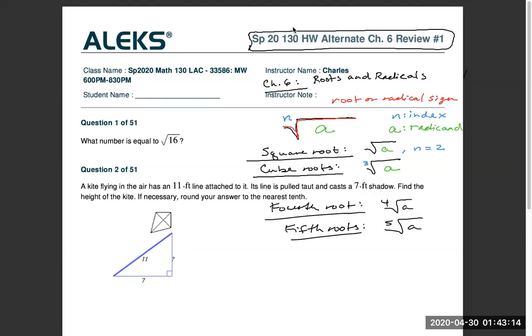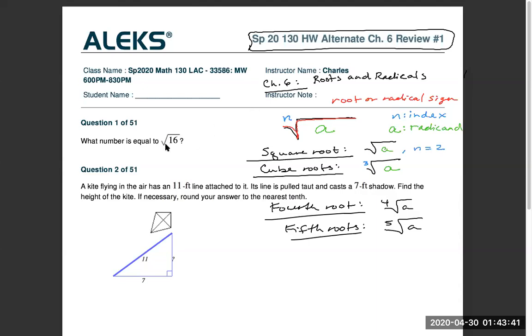So now essentially what this index does, it tells us how many of the same factor we have to have underneath the radical sign before we can remove anything from the radicand. So to further go with that, I'm going to get into question 1 here.